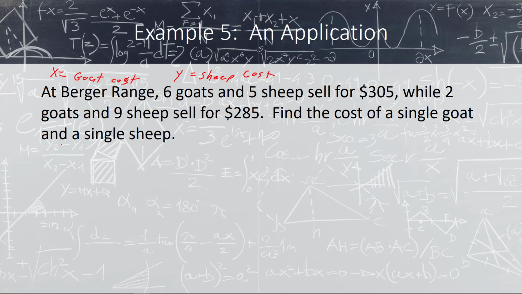If that's the case, then 6x plus 5y is equal to 305, and 2x plus 9y is equal to 285. And we're going to use the elimination method, so what we can possibly do is multiply the second equation by -3.